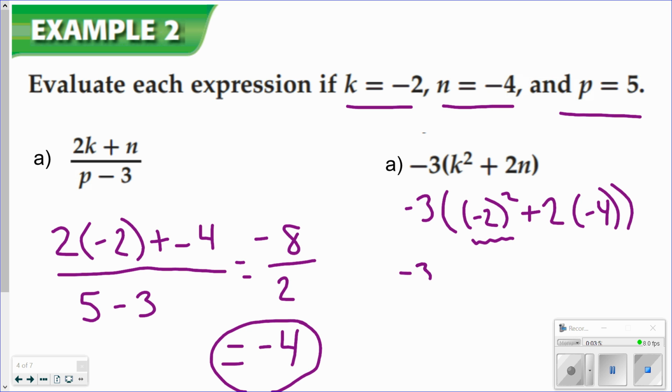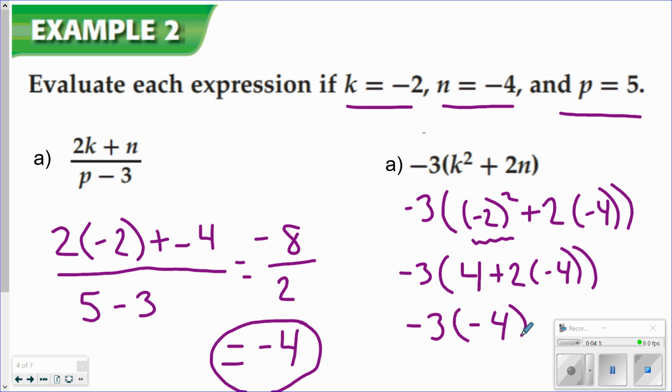So negative 3 times negative 2 squared we know is positive 4, plus 2 times negative 4. So now if we want to plug this into our calculator, we can do so. We end up getting negative 3 times negative 4. And our final answer then is positive 12.